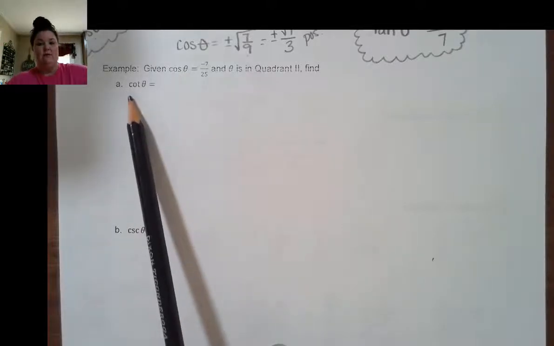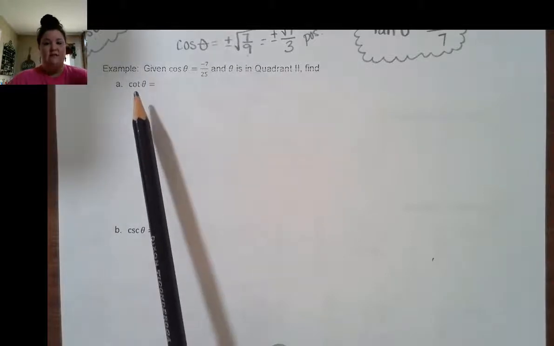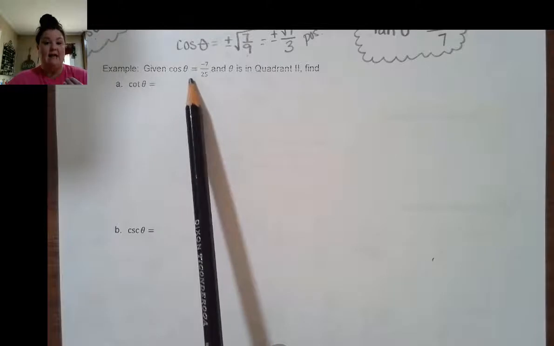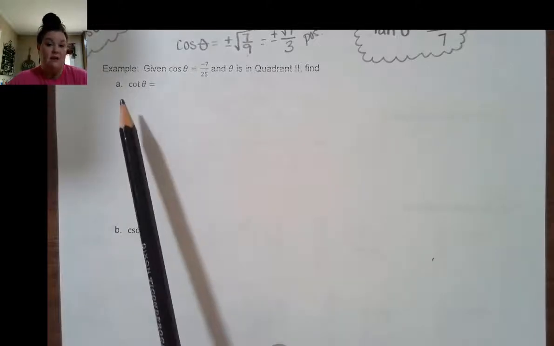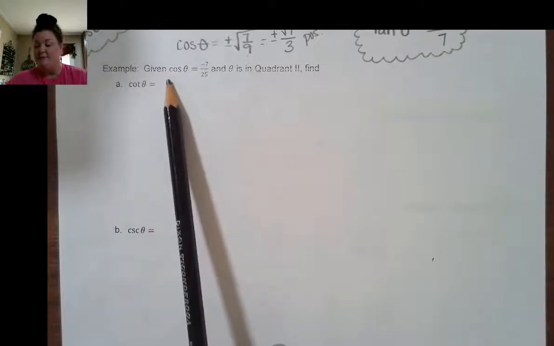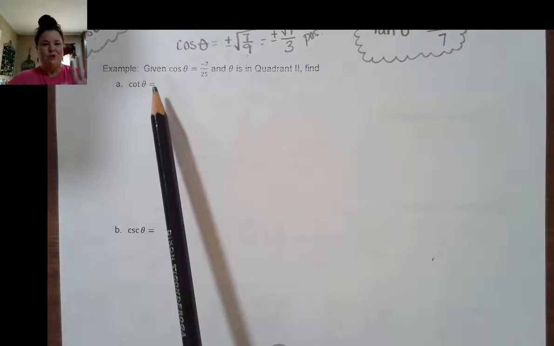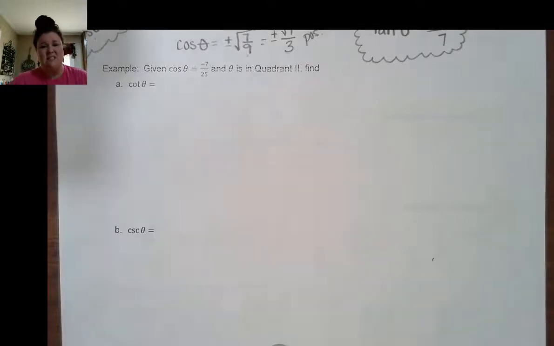So I would flip back over to the other page and see if you have an identity that involves cosine and cotangent. If not, maybe look for one that has tangent and secant, right? So I want you to pause the video, try A and B. If you get stuck or you don't know how to get started, or you get finished and you're ready to check yourself, go ahead and unpause it and we'll go over them, okay?